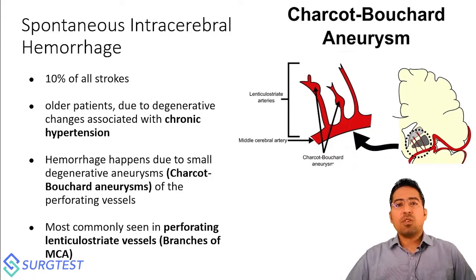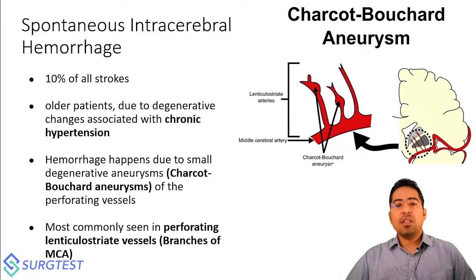In chronic hypertension, the small perforating blood vessels develop something called degenerative aneurysms, very small aneurysms, which are called Charcot-Bouchard aneurysms of the perforating vessels. And these perforating vessels will rupture because of the persistent hypertension.